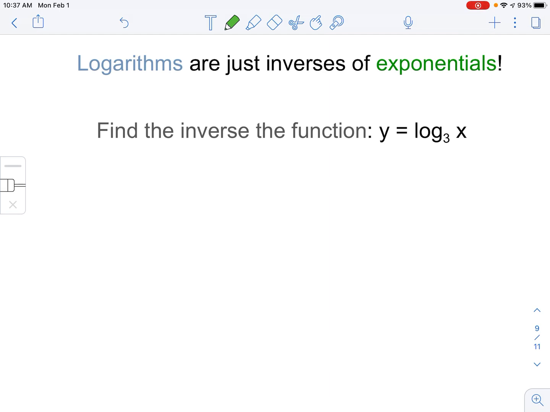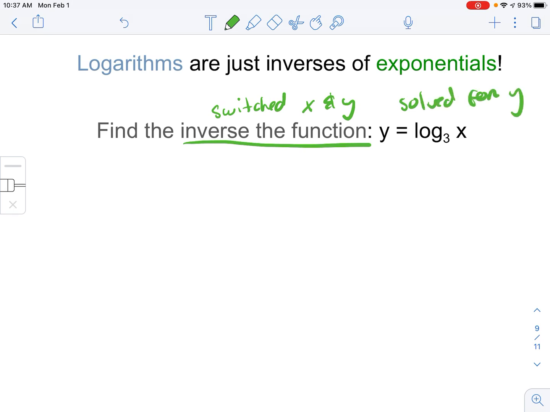So logs and exponentials are going to be inverses of each other. That being said, we can also use these to find our inverse functions. Now, if you remember from the last chapter, inverse function is when we switched the x and y values, and then solved for y.